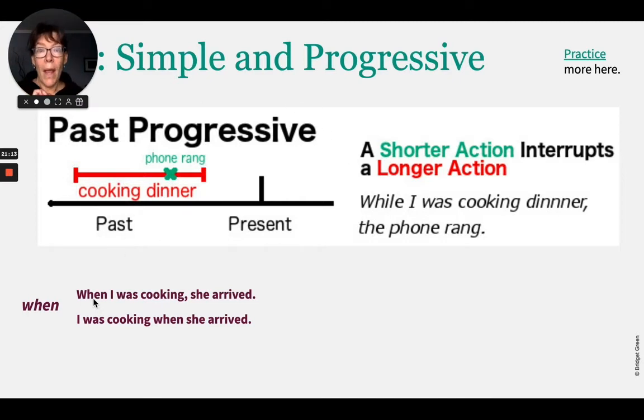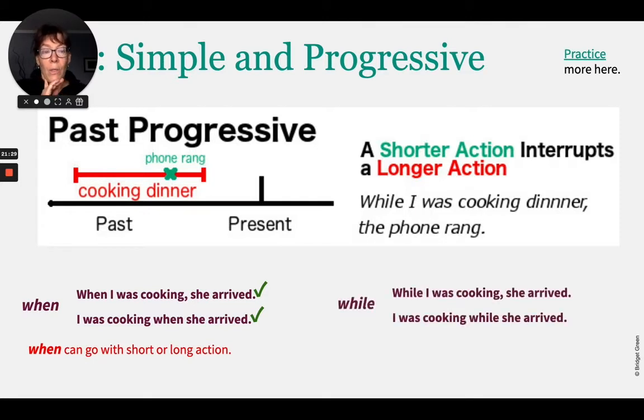Both of those are good, but not with while. While I was cooking, she arrived is okay, but I was cooking while she arrived? No, while only goes with the progressive because it's about a long action.